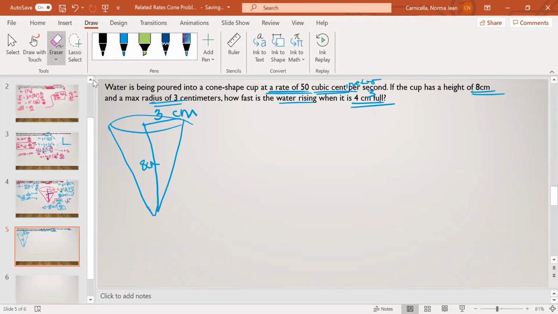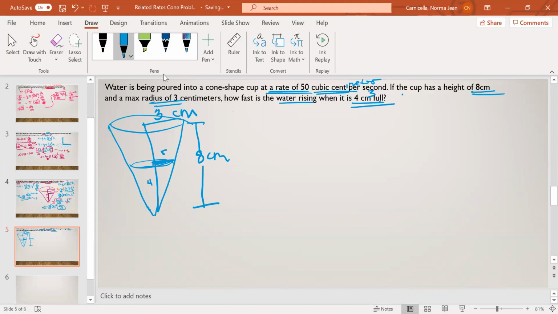Let's write it on the outside. And I also know at some point the water is going to be right here, and we want to know what this radius is going to be. That's the radius we really aren't going to know, and that's at the height 4. They didn't give us anything about a relationship between the height and the radius, so that means more work.